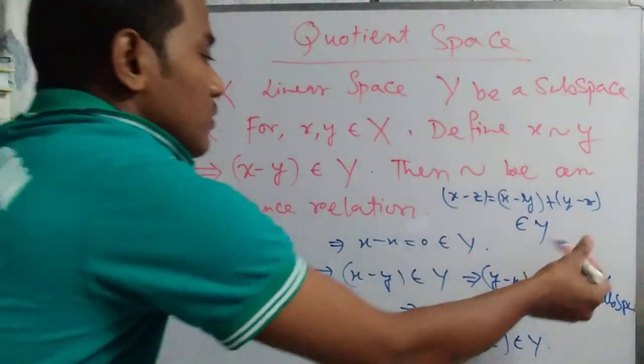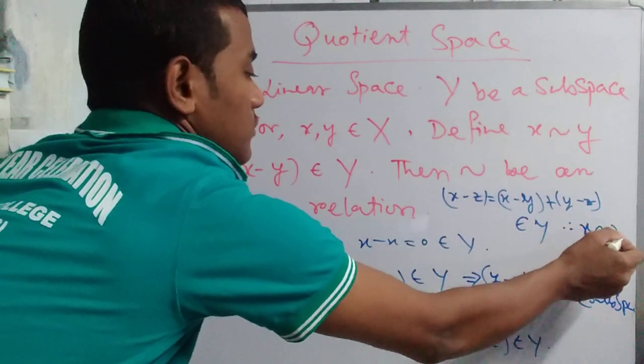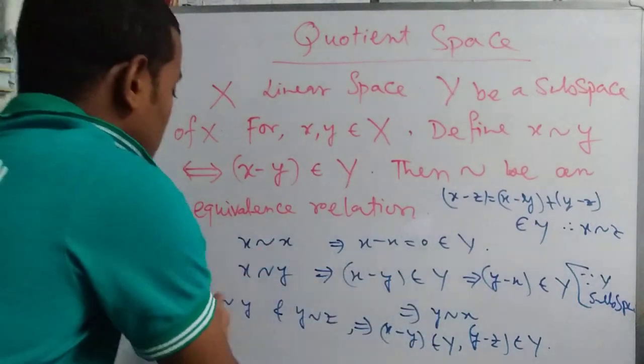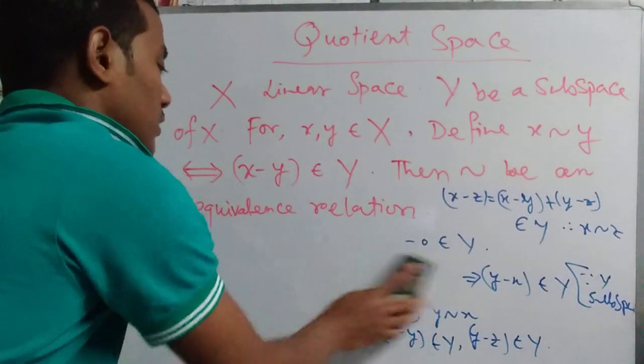So x is related to z. This is done, so this is an equivalence relation.